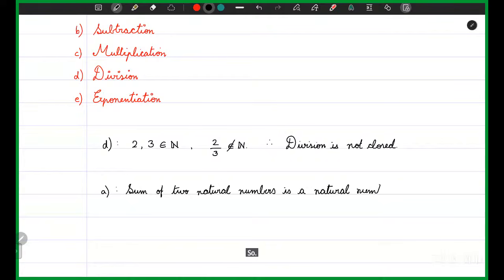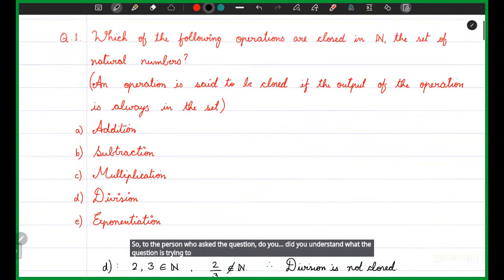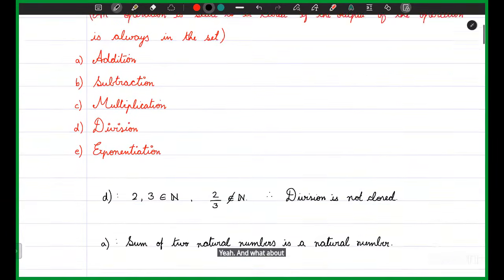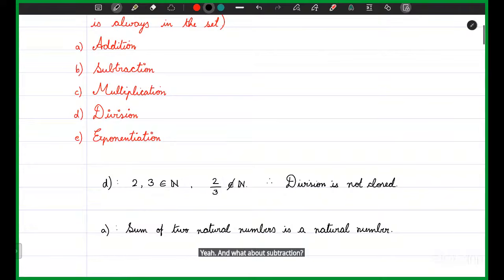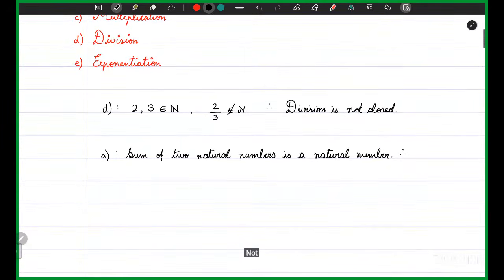To the person who asked the question, did you understand what the question is trying to ask? Yes, sir. What about subtraction? 2 minus 3 is not possible. Not closed, because it will give a negative integer.